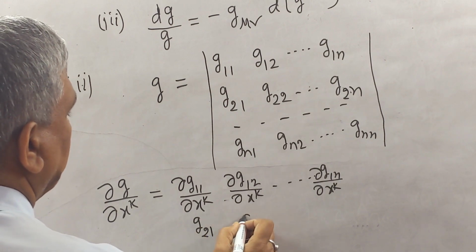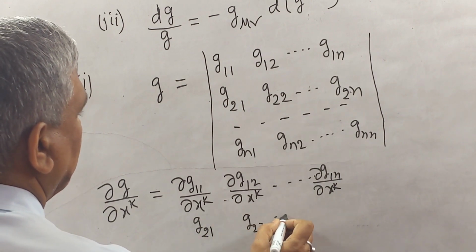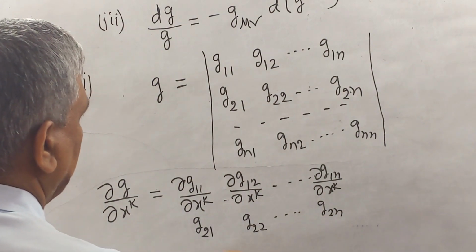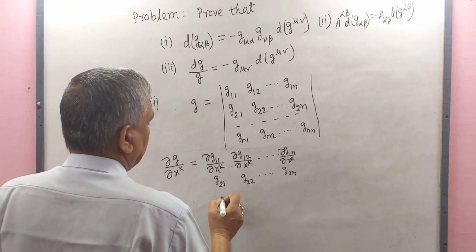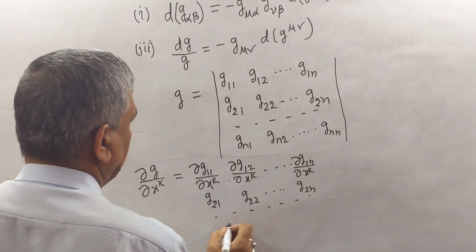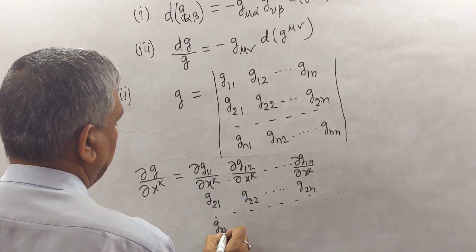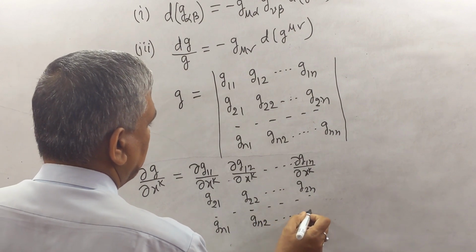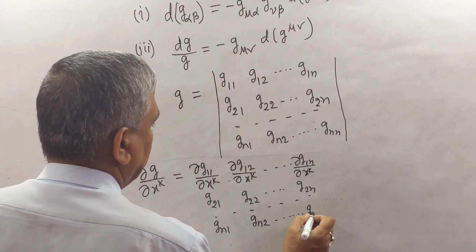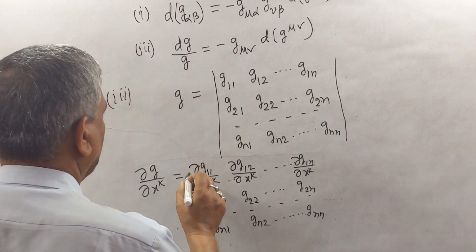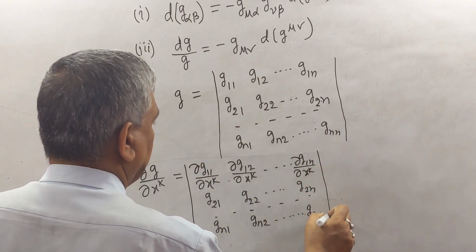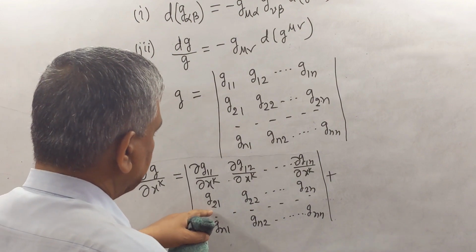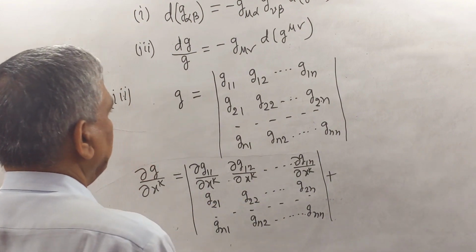g21, g22, g2n, dot dot dot, gn1, gn2, gnn, plus differentiation of second row.